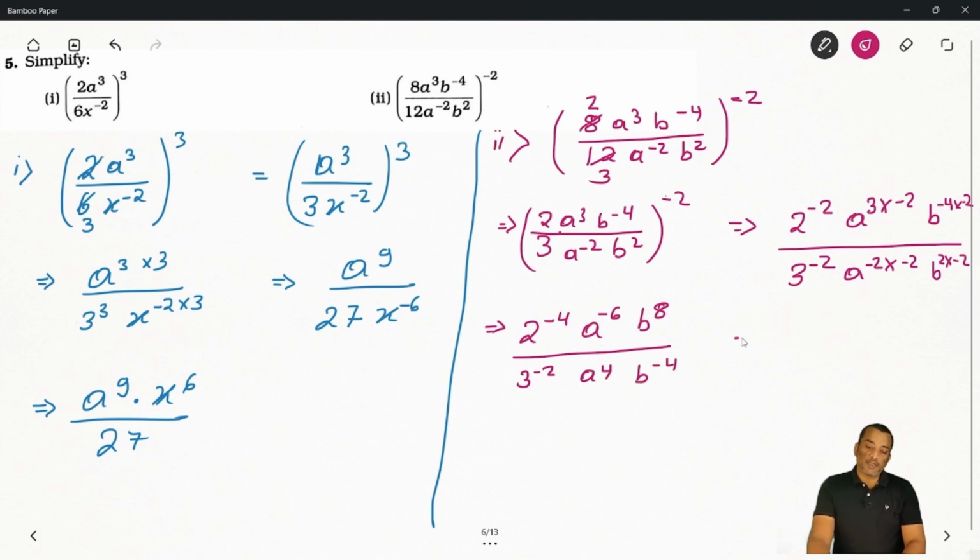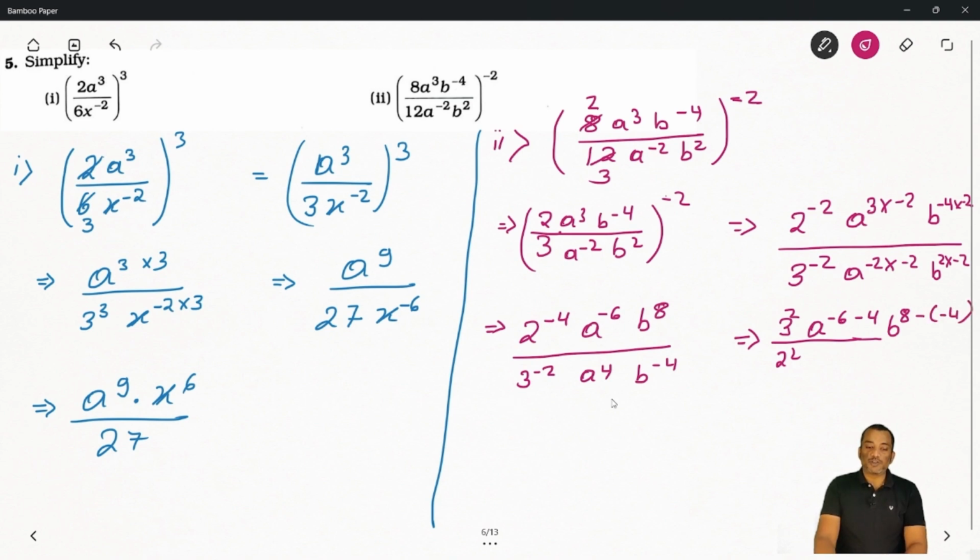Now you can bring all the like bases together, and you can also change the 3 and 2 to reciprocal of each other. So you will get 3 square over 2 square, and here a to power minus 6 and minus 4, same way b to power 8 and minus 4.